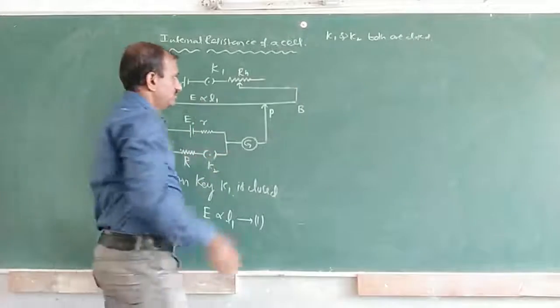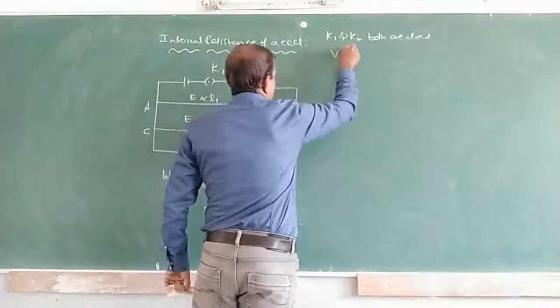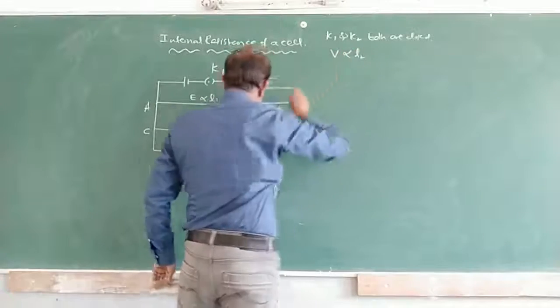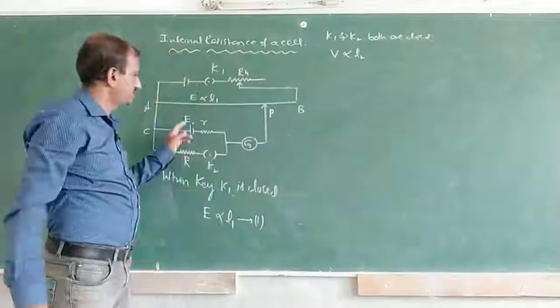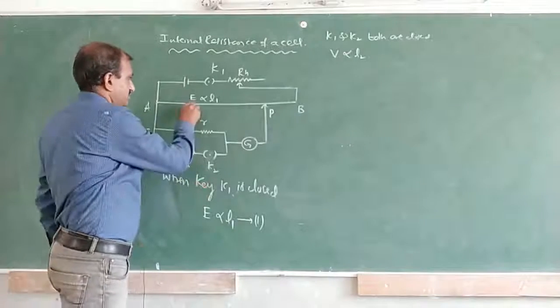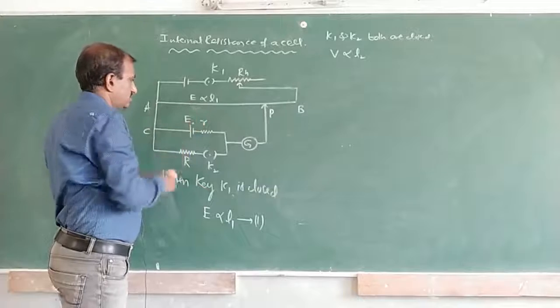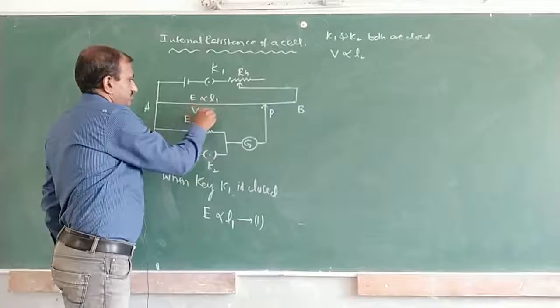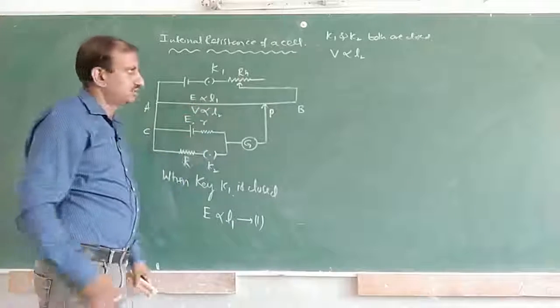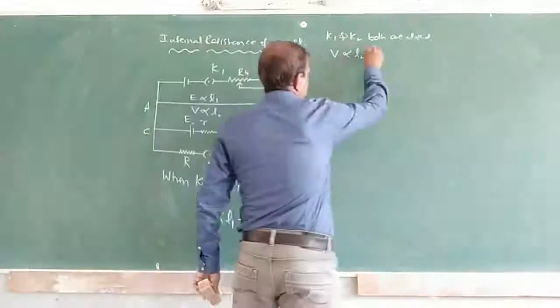This gives the terminal potential difference across the cell. So V is proportional to L2. When K1 and K2 both are closed, V is proportional to L2. Call this equation number 2.